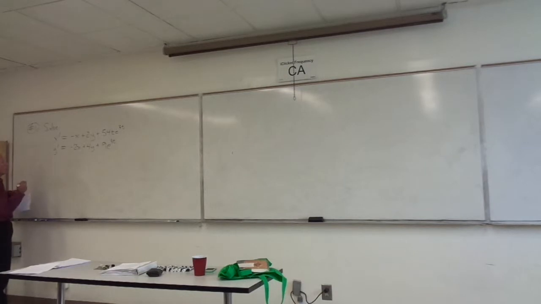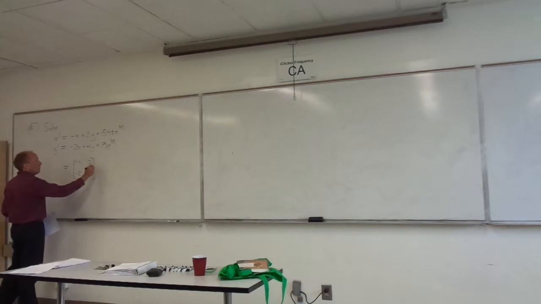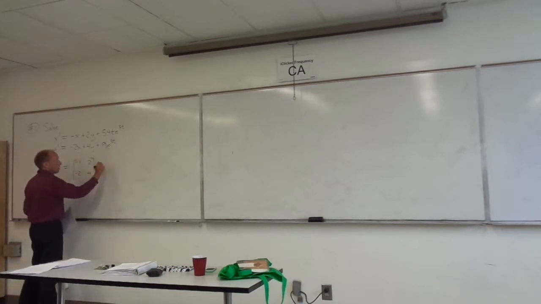So can I rewrite this in a different form? Yeah. How would you want me to do it? Okay, so we can make that matrix, right? And then there's actually a non-homogeneous term here, right?